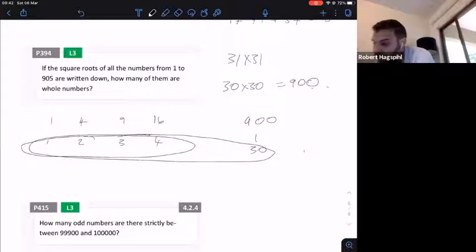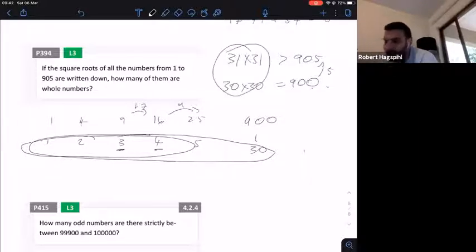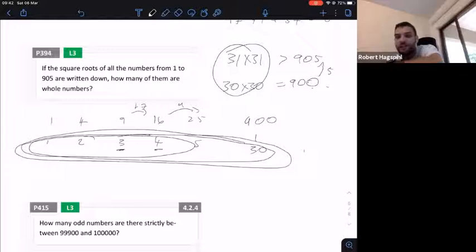Well, in my mind, this has to be bigger than 905. Between 3 squared and 4 squared, I went up by 7. Between 4 and 5, I went up by 9. Here I'm going up by 5 for bigger numbers. Surely that's going to be over 905. And so I can definitely just say 30 numbers are going to be square numbers.